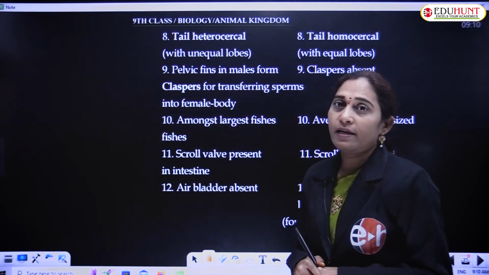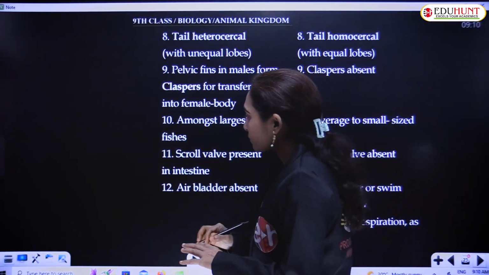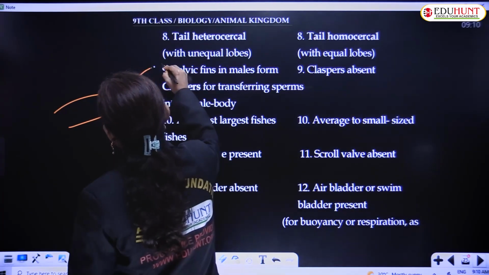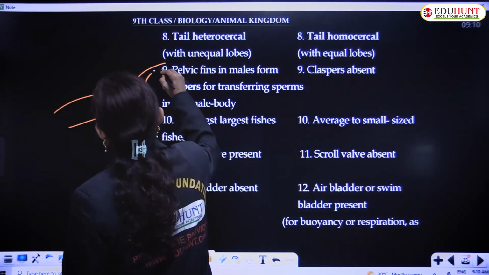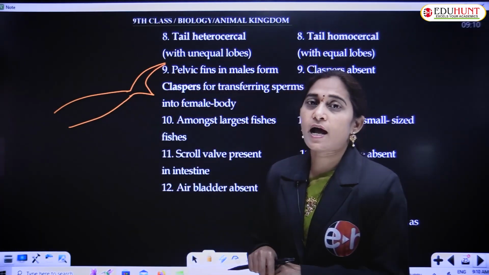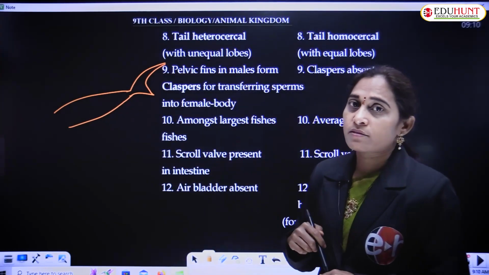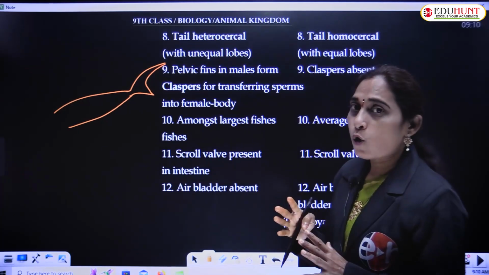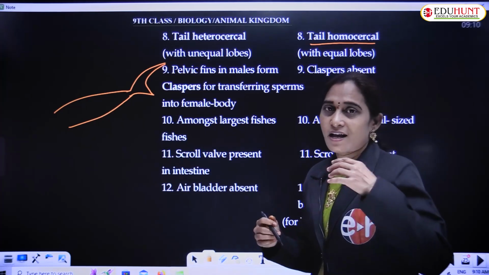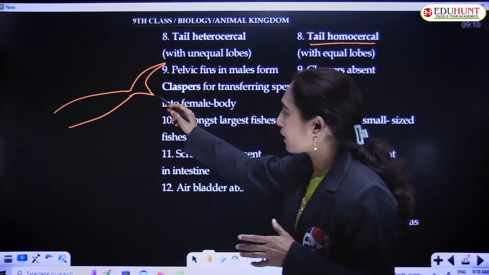And even the tail is heterocercal. Imagine that this is a fish tail like this. The two lobes are unequal in size, whereas in Osteichthyes the tail lobes are equal and the tail is said to be homocercal, whereas in Chondrichthyes the tail is heterocercal, that is the lobes are unequal.